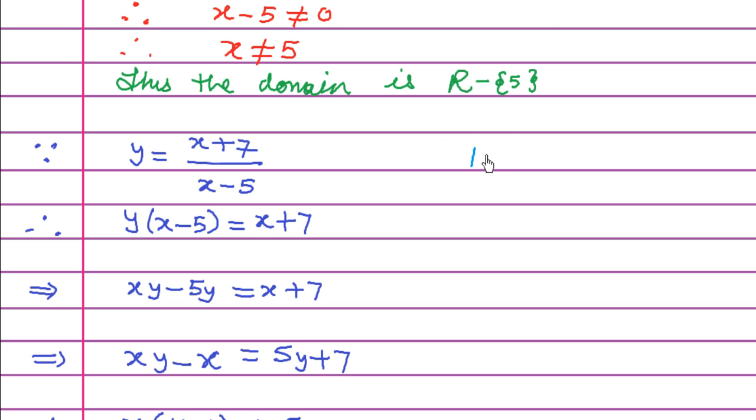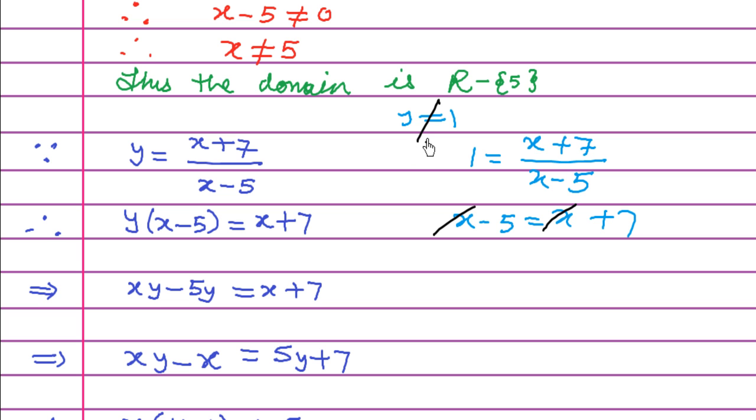If we put y equal to 1, we get 1 into x minus 5 is equal to x plus 7. You see here the x will eliminate each other. So minus 5 is not equal to plus 7, so y should not equal 1 for the range. So this is the way how to find out the domain and range of a rational function.